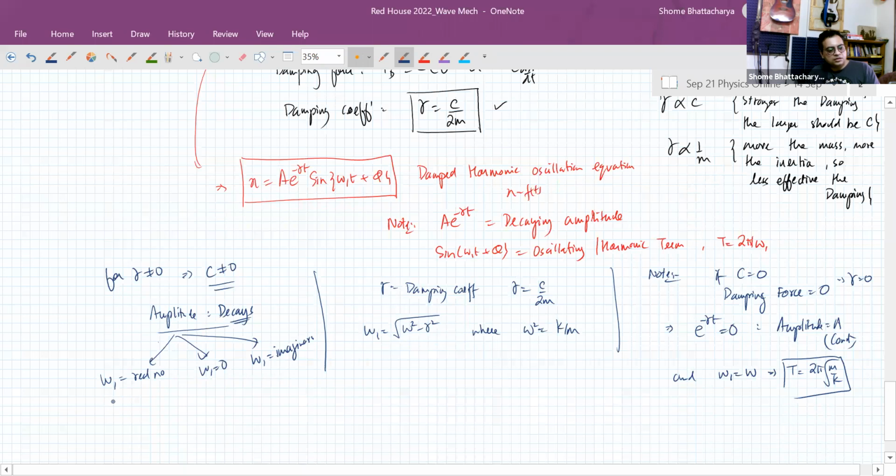This is the case where gamma is less than omega, or c by 2m is less than root k by m. This is the case where gamma is equal to omega, or c by 2m is equal to square root of k by m. And this is the case where gamma is greater than omega, so c by 2m becomes greater than root k by m.